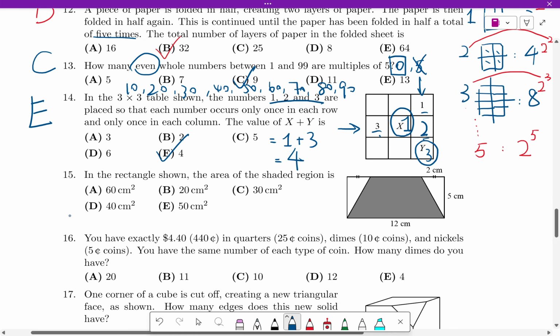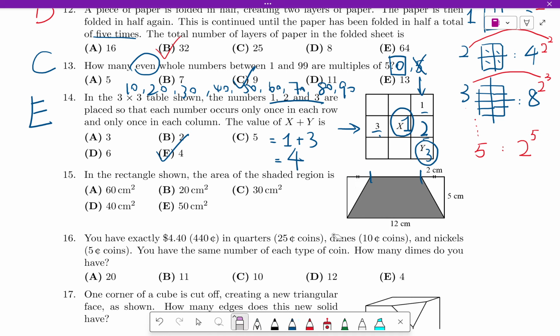Question 15. In the rectangle shown, the area of the shaded region is, so we can see that this shaded area is a trapezoidal shape. So we can figure out the top side of this trapezoid, which would be, since we have a symbol right here, that means if this length is 2 centimeters, this length would also be 2 centimeters.